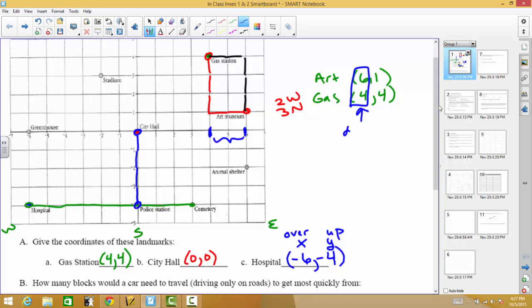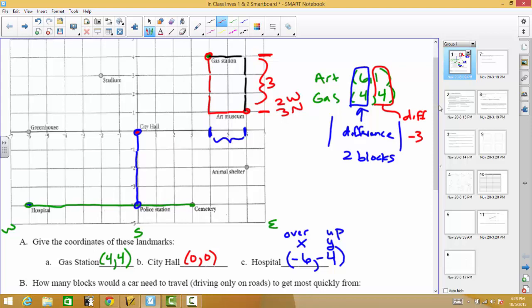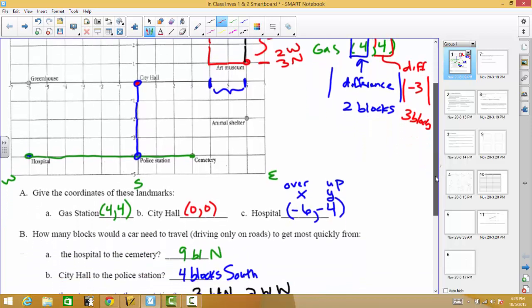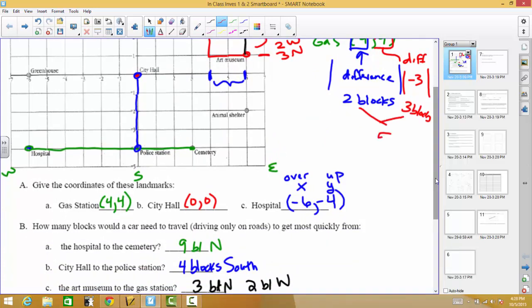The difference between these, and you need to take the absolute value of the difference, it's just like the positive number, is 2 blocks. And then if you look at the y values, 4 to 1, this right here is 3 blocks. So this difference is -3. But again, you're going to take the absolute value. Absolute value is the distance from the origin, so it makes everything positive. So 3 blocks. So add them together, you get 5 total.